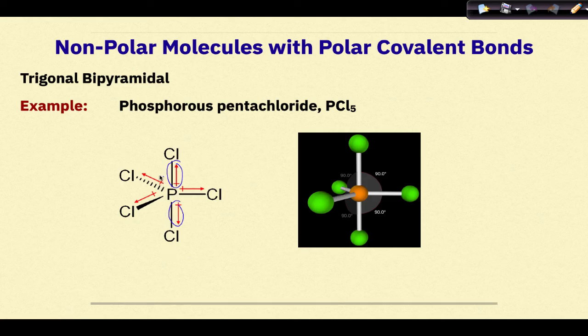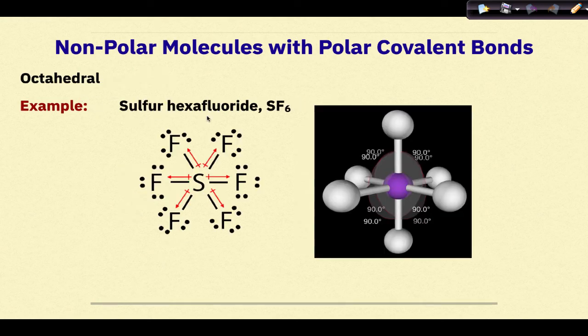And then these 3 arrows, represented by these chlorines in this 3-dimensional model, also all cancel each other out, very similar to that trigonal planar representation. So because all the arrows cancel each other out, there is no net dipole in this molecule, and it is considered nonpolar.